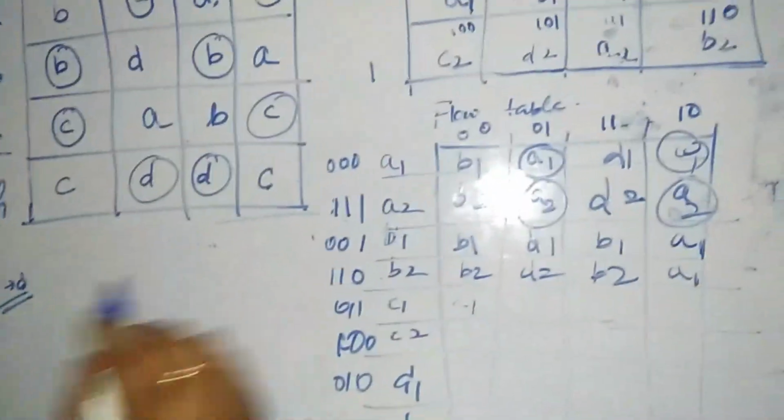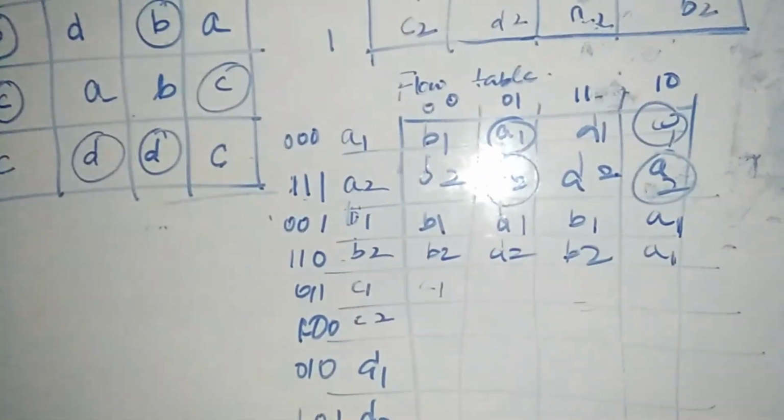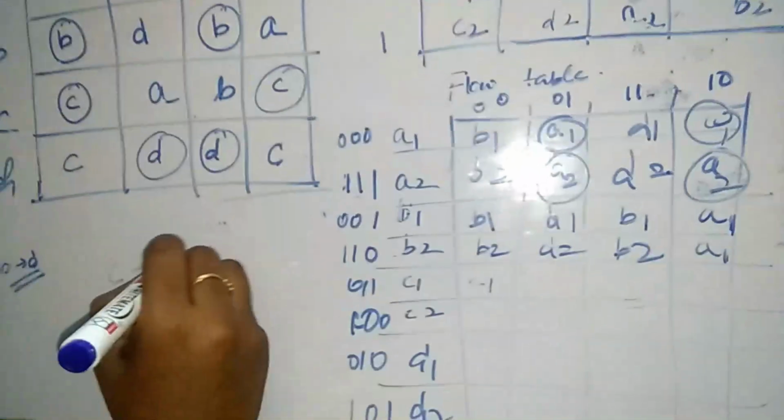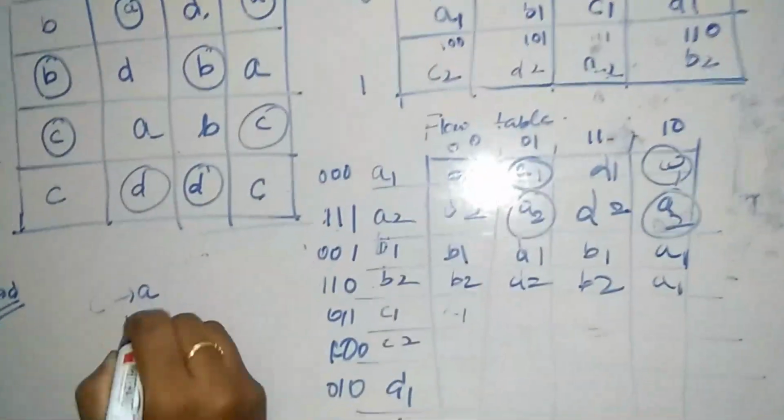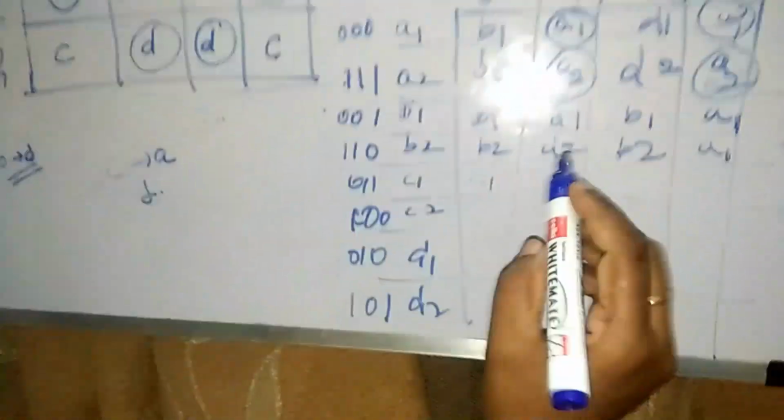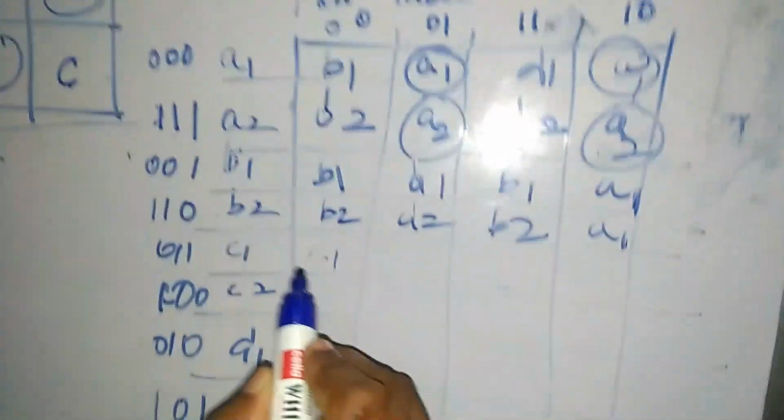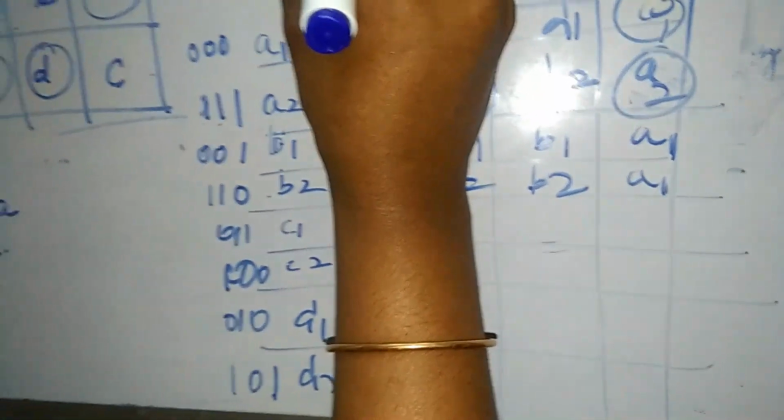Coming to C1. For C1, it is C1 itself. For C1 to A, we saw that there was a transition, right? C to A, there was a transition through the state F. So from C1 to A1, there was a transition.